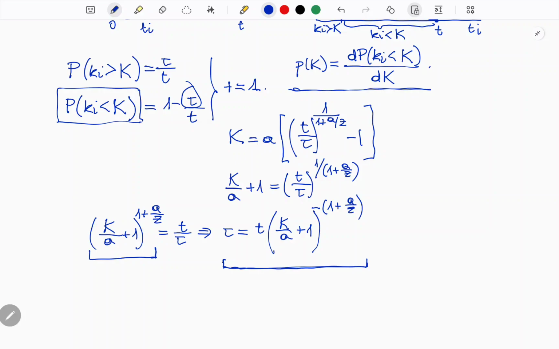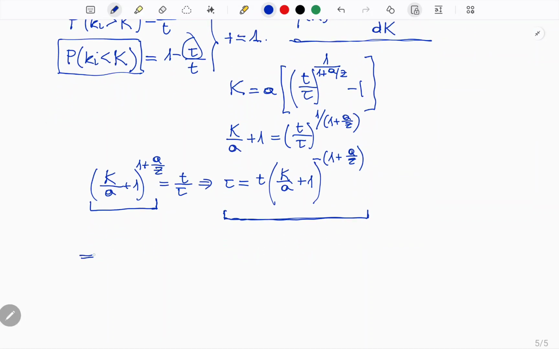And with this value of tau, now I can substitute here in this expression, okay? So I'm going to obtain this probability. So the probability of finding a node with degree less than capital K is going to be equal to 1 minus tau over T, which is just this without this T. So I have just K over a plus 1 to the power of minus 1 plus a over z.